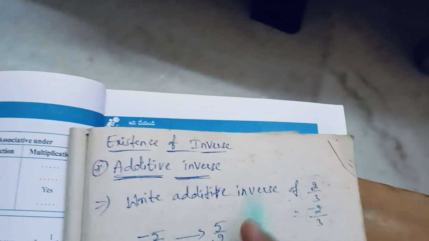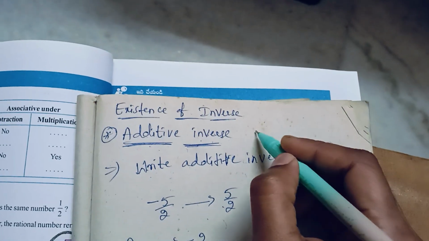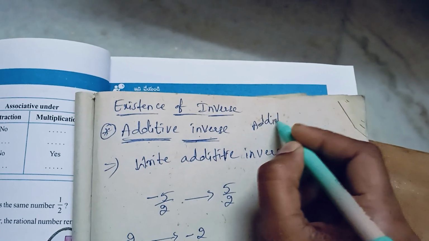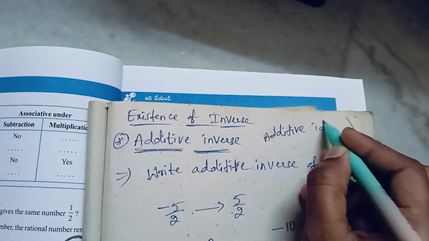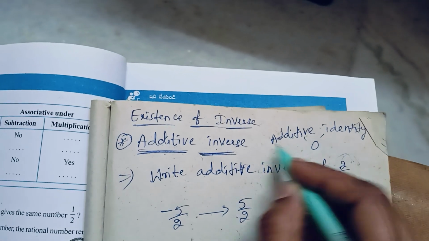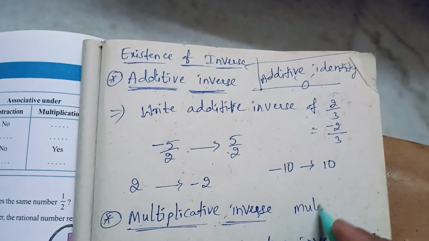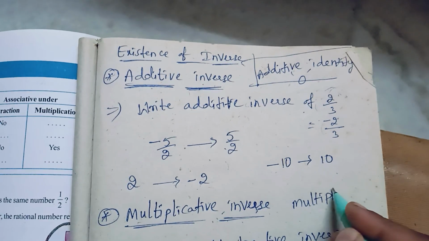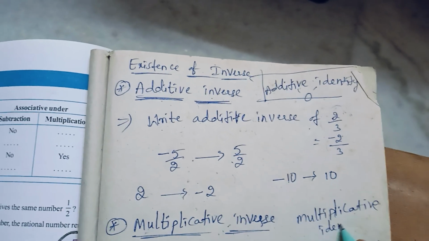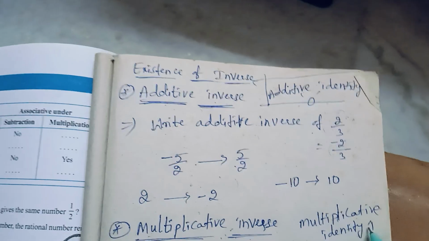Now additive inverse and additive identity. Don't get confused. The additive identity is always 0 only. The multiplicative identity is always 1 only.